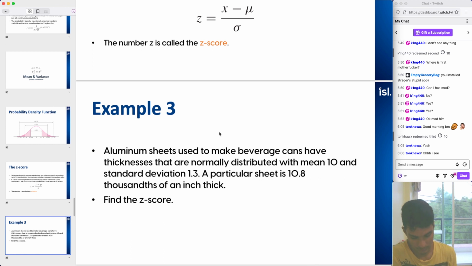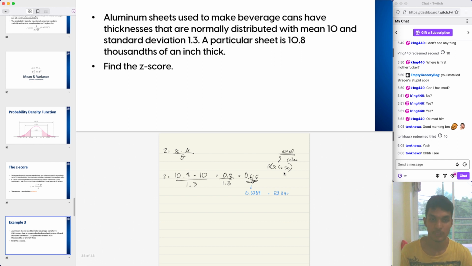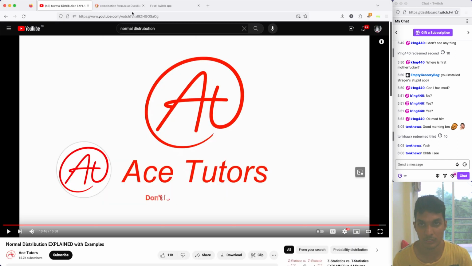And then the mean is... convert this to z-score.